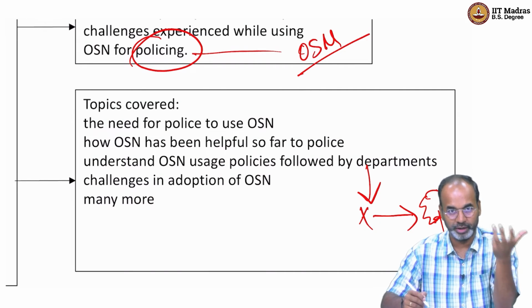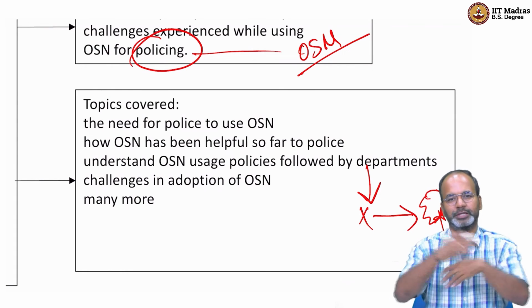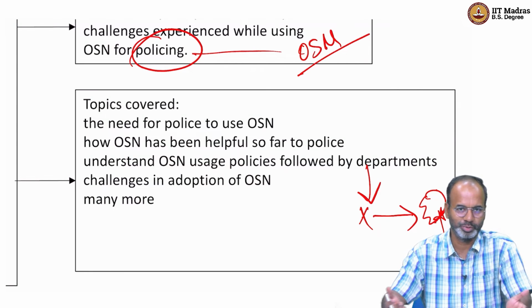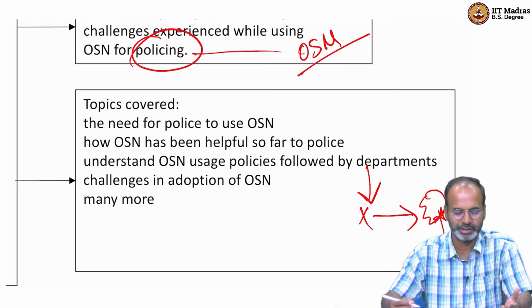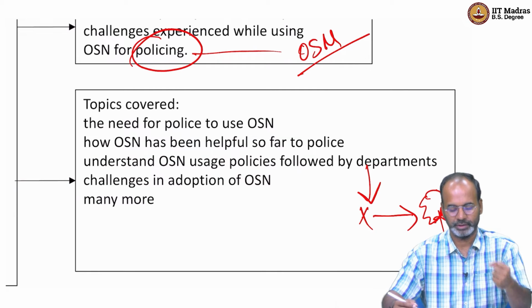Can this information be shared across? Do they know how police organizations actually use this platform? For example, Mumbai Police, I've shown you how they use it very effectively for having conversations with citizens.